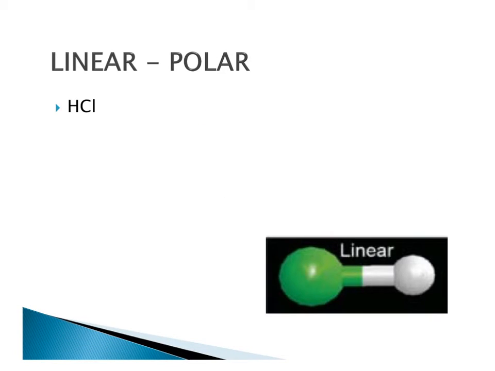The next example is also a linear type of relationship, in which we have hydrogen chloride here, which is hydrochloric acid.